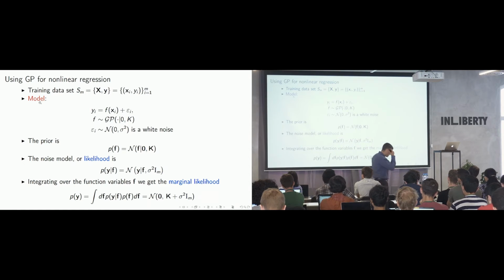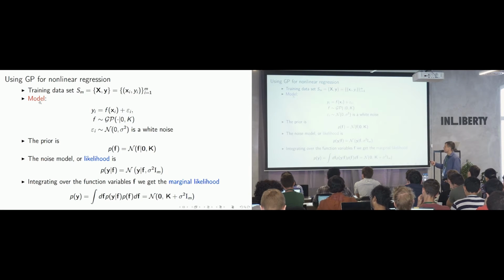Because the noise epsilon is Gaussian noise, P of y given f, where y is an m-dimensional vector containing observations y sub 1 through y sub m.